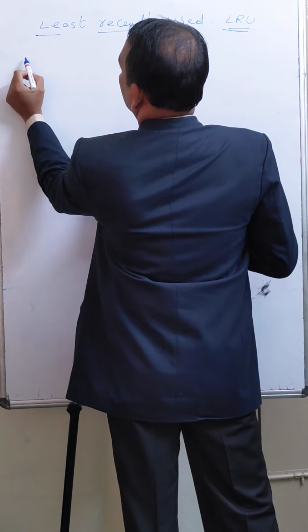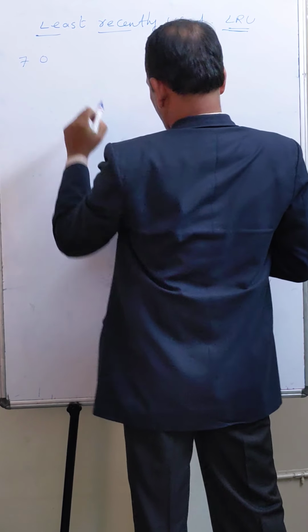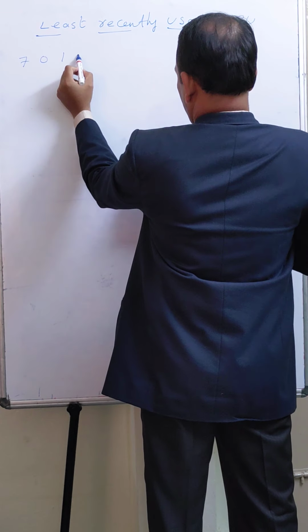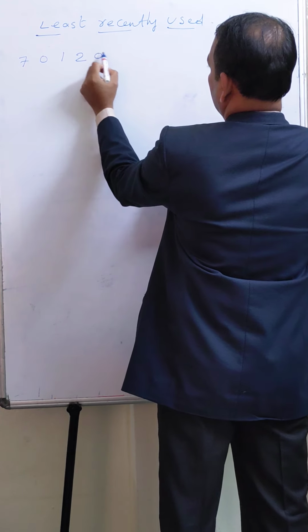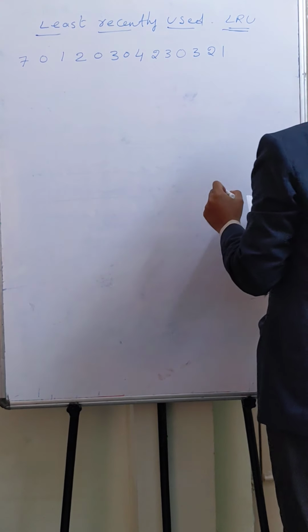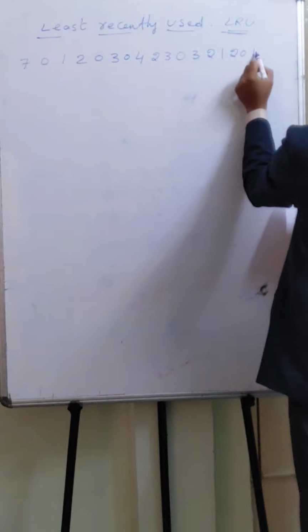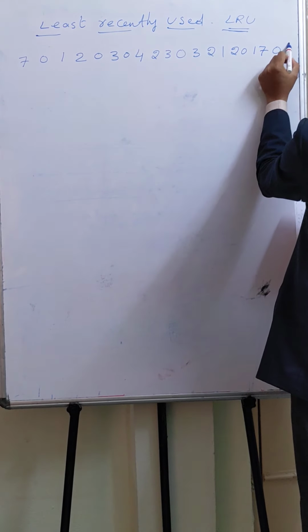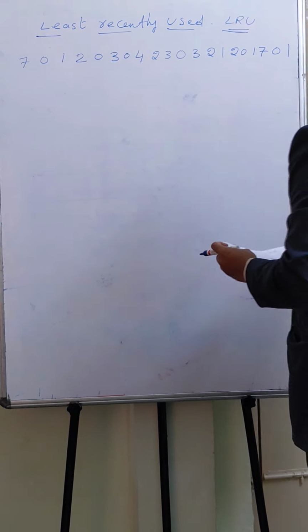The reference string is 7, 0, 1, 2, 0, 3, 0, 4, 2, 3, 0, 3, 2, 1, 1, 2, 0, 1, 7, 0, 1.